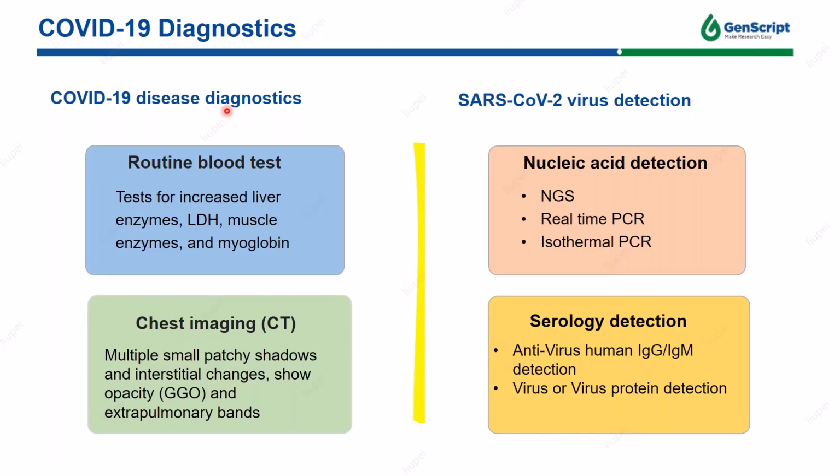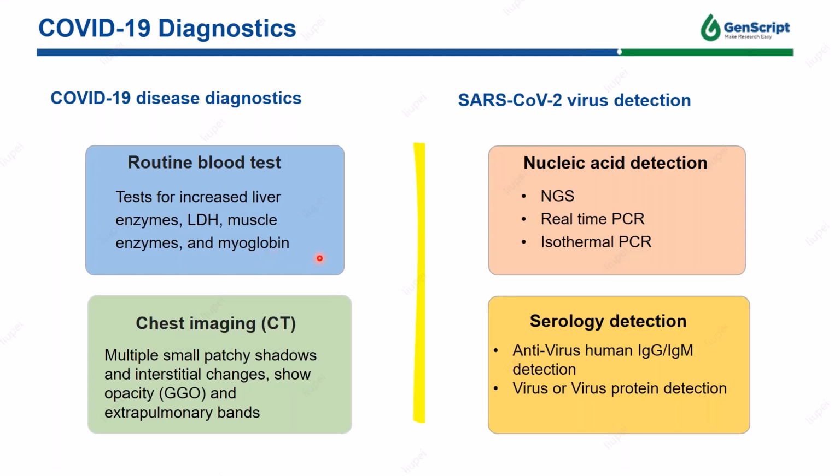As we know from COVID-19 diagnostic, they include the COVID-19 disease diagnostic and SARS-CoV-2 virus detection. For COVID-19 disease diagnostic, there is included the routine blood test for the increased liver enzymes and muscle enzymes and myoglobin.